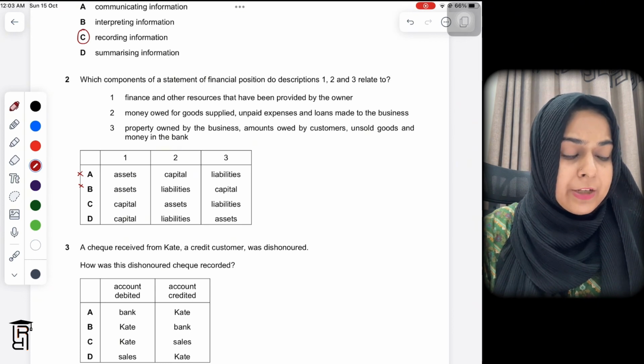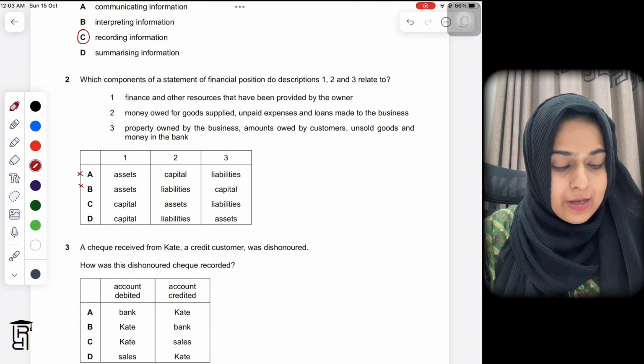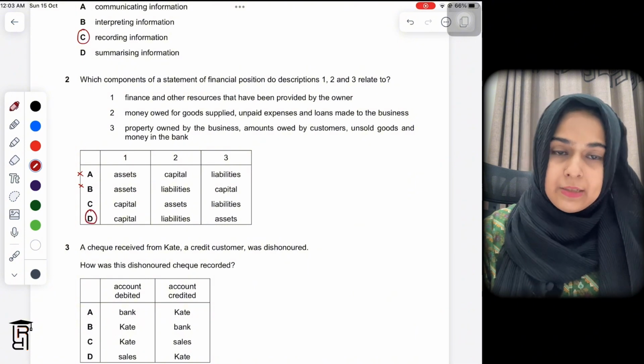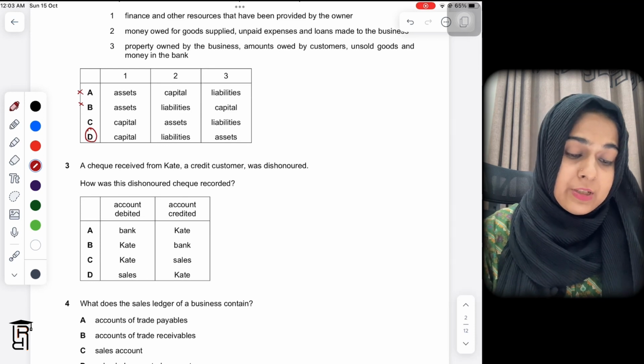And loans made to the business are your non-current liabilities. So the second description is about liabilities, so the answer should be D, not C. And the third description is about assets, of course.